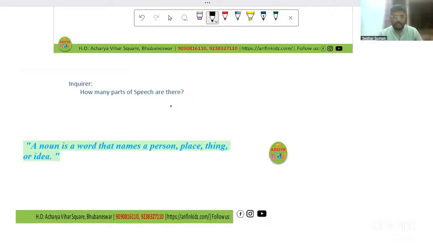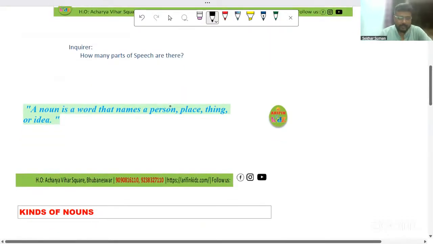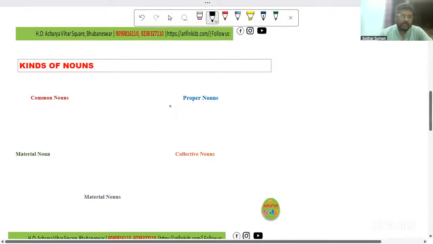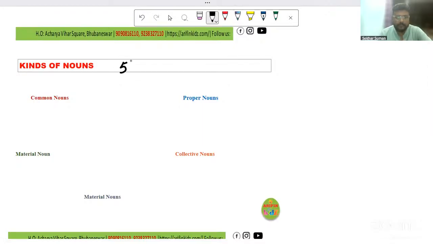Basically, if we see, there are 5 kinds of nouns. Okay. There are other segregations like countable, uncountable.